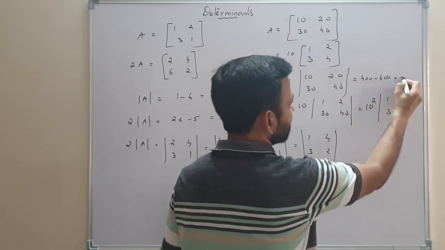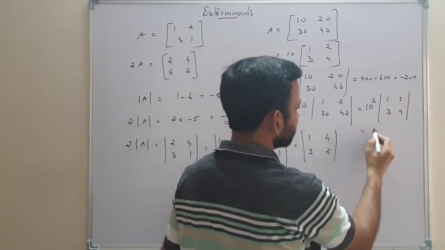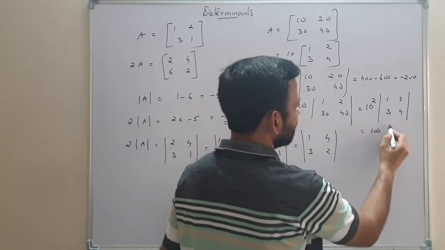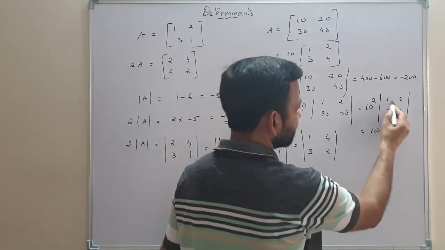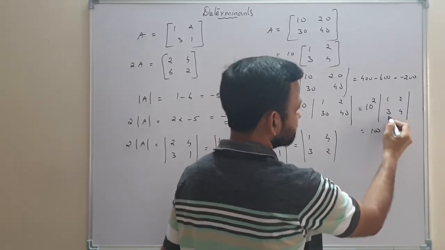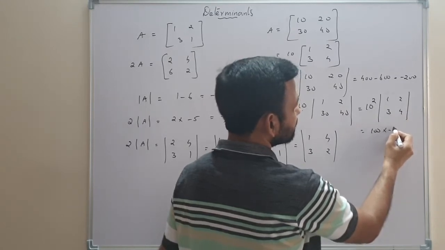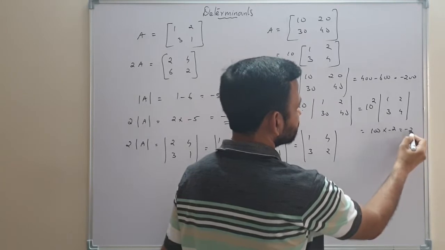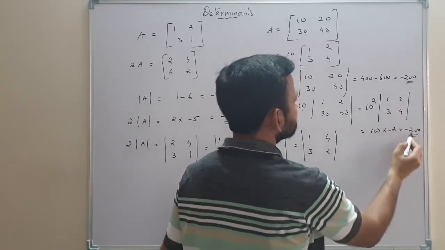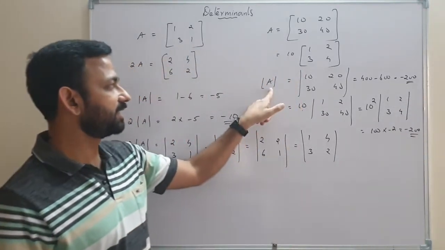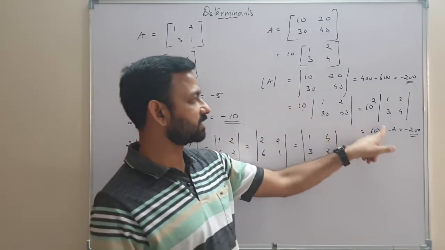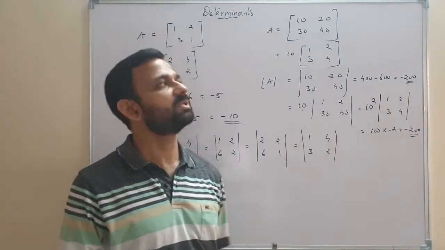So the answer is minus 200. And here 10 square is 100, 4 minus 6, 1 into 4, 4, 4 minus 6, minus 2, that is minus 200. So the answer is the same. So for determinant A, when we take a 10 outside, both the answers are the same.